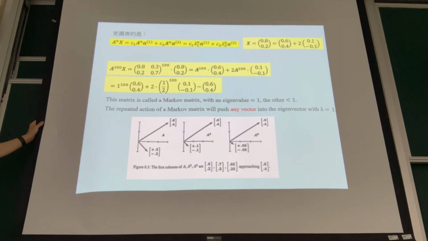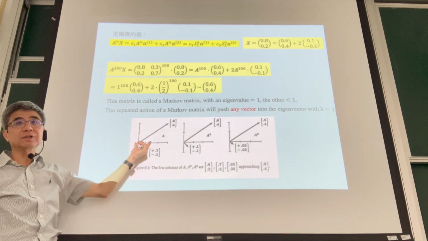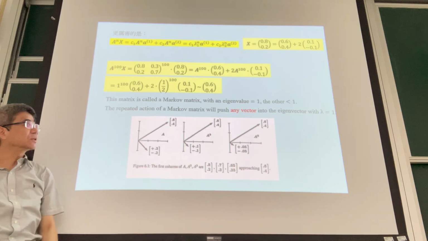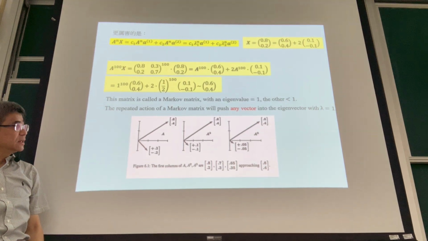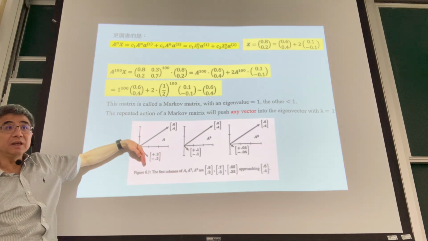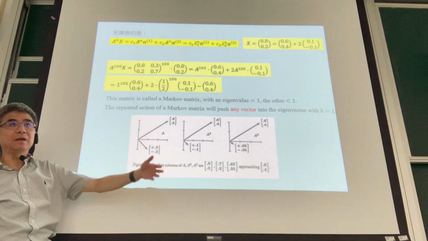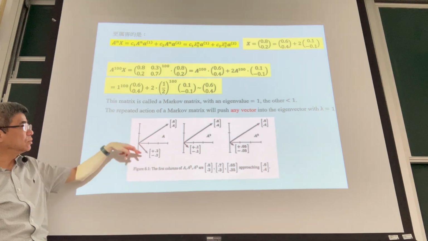If you multiply a Markov matrix to any vector, it is decomposed along the two eigenvectors of A. If you multiply one time, it gives you this.